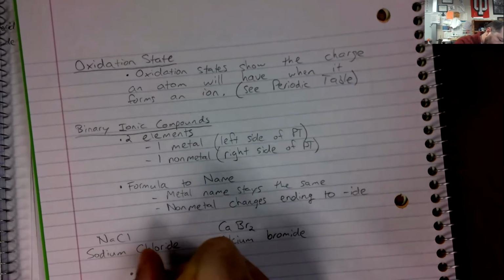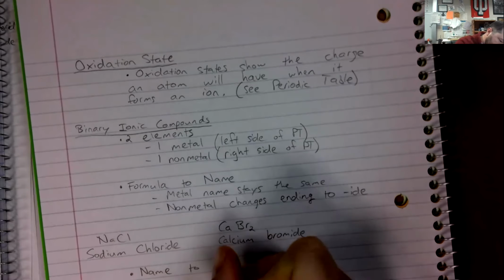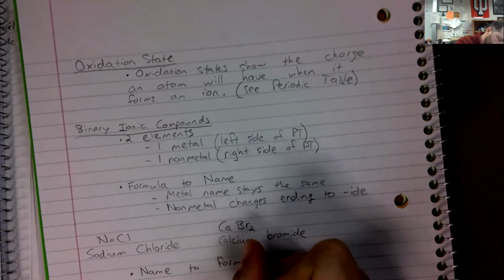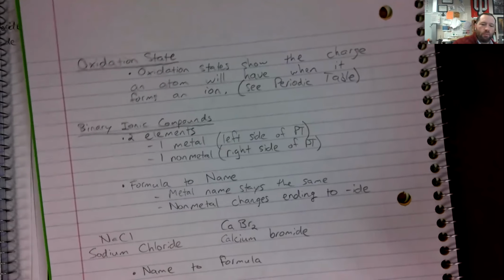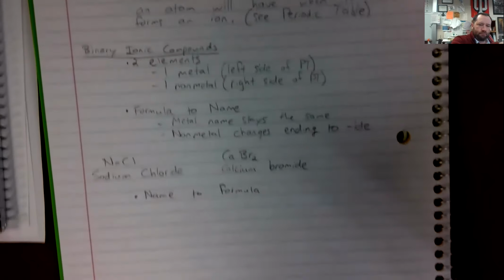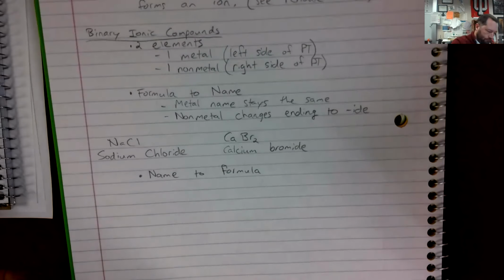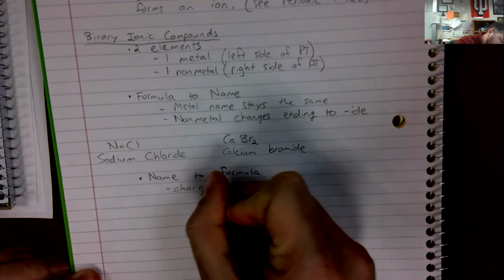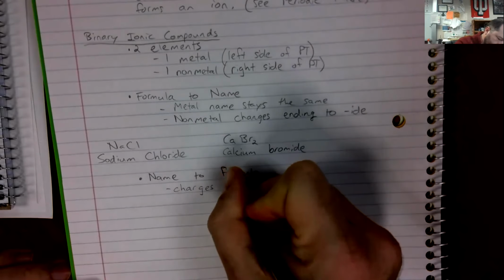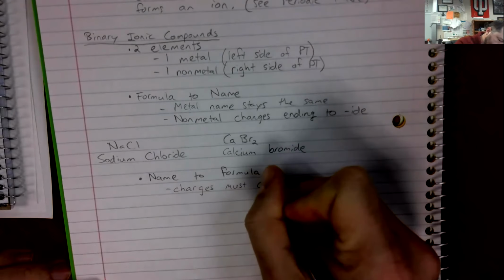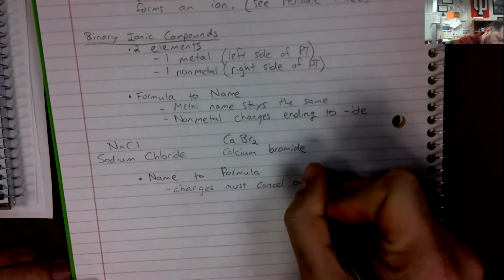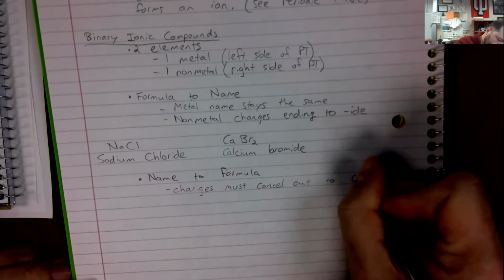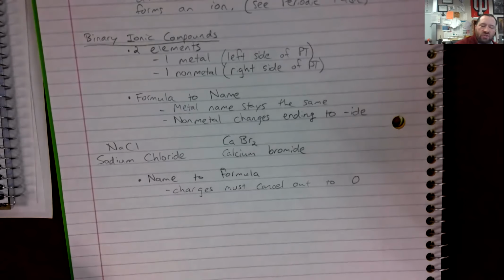How about the other way? Name to formula. The trick to this is that charges must cancel out to zero.